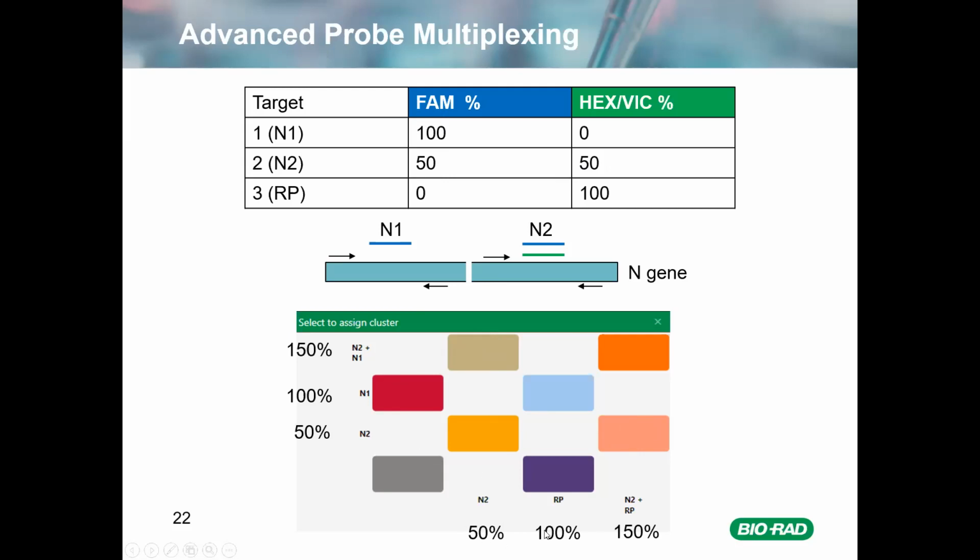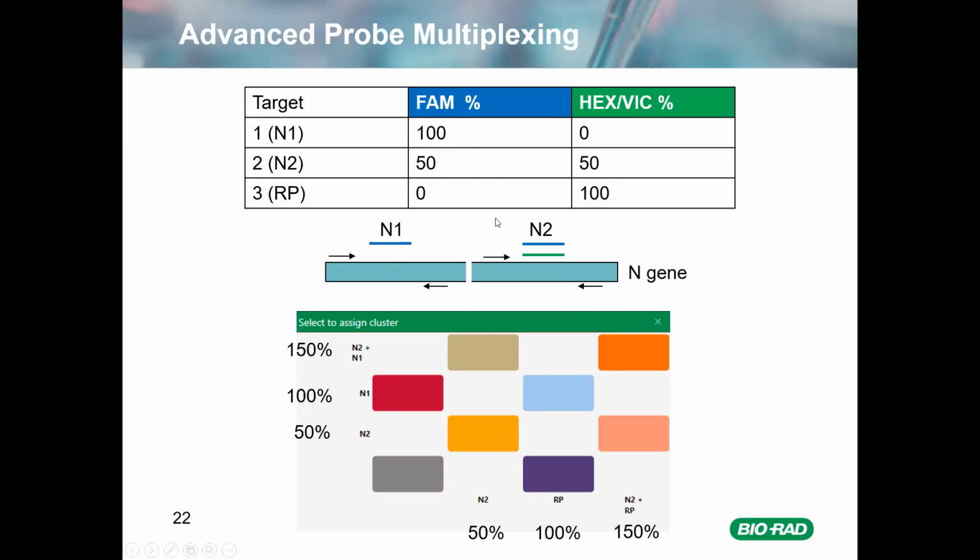We've got 50, 100, 150% HEX, 50% FAM, there's our N2 RP. And then in the upper right hand at 150% the fluorescence of FAM and HEX is our triple positive droplets that have all three targets. So you can see here that all we're doing is adding fluorescence. It's additive. So 50 plus 150 gives me 150% fluorescence.